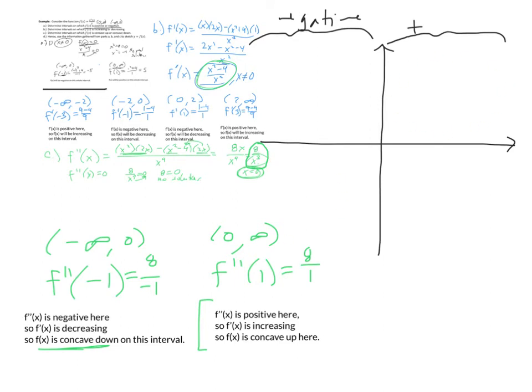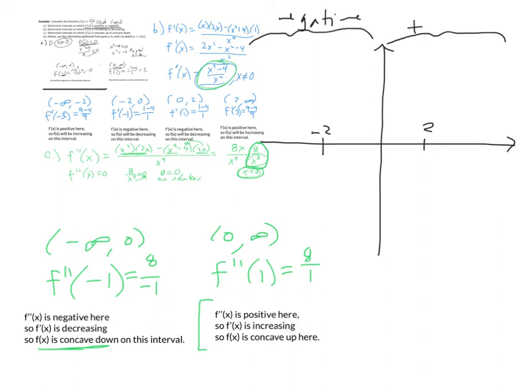Let's keep going. What did we learn about the derivative? When we did part B, which was all up here in blue, we found that my function was going to be increasing between negative infinity and negative 2, and again between 2 and infinity. So now I can come back and say, all right, something's going to happen here at negative 2, and something's going to happen over here at positive 2.